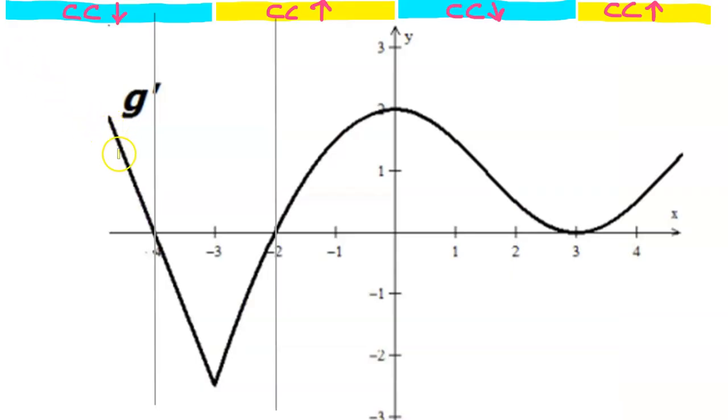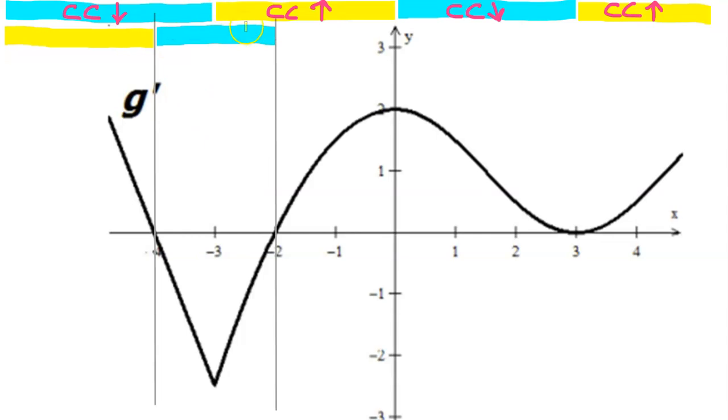So look at where g prime crosses the x-axis. That's where it goes from positive to negative. In this first interval, g prime is above the x-axis, so it's positive in this interval. And then it's below the x-axis, so g prime is negative in this interval.